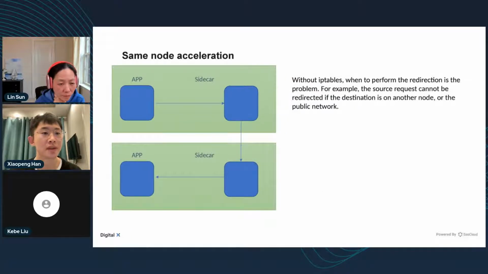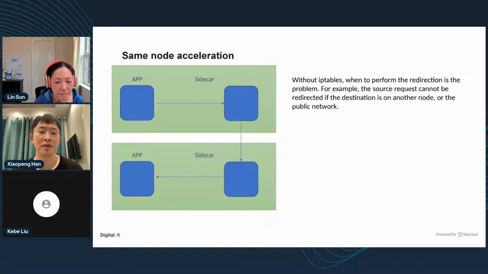This one is more interesting: the same node acceleration. iptables has a set of rules to redirect traffic, but for eBPF, how do we know when to redirect the traffic?